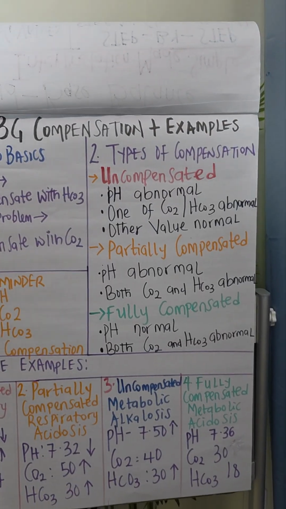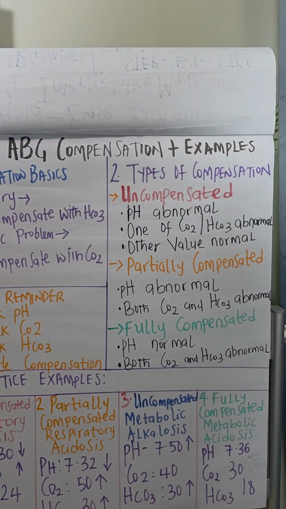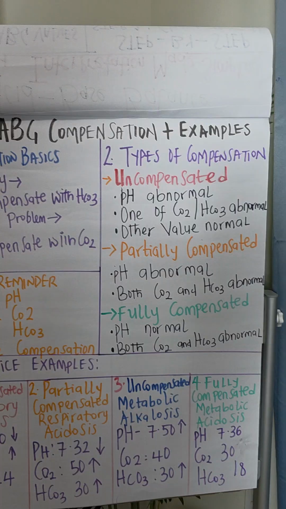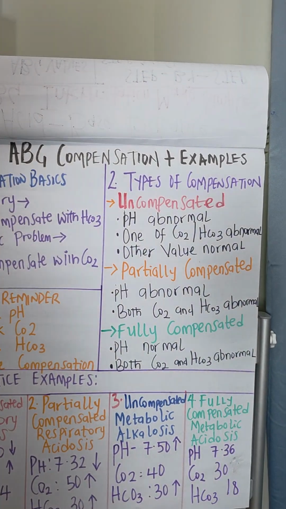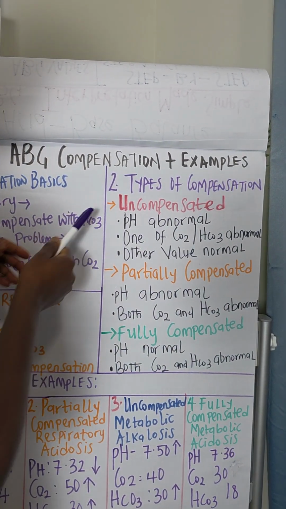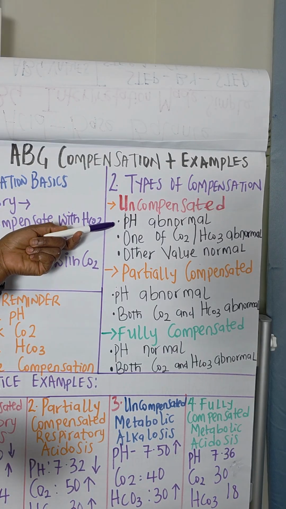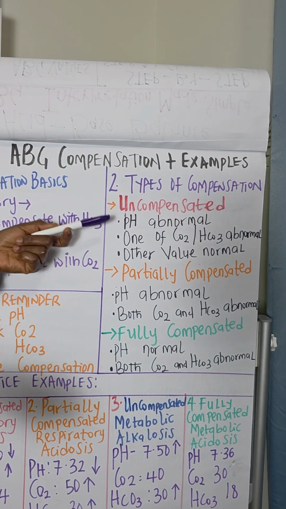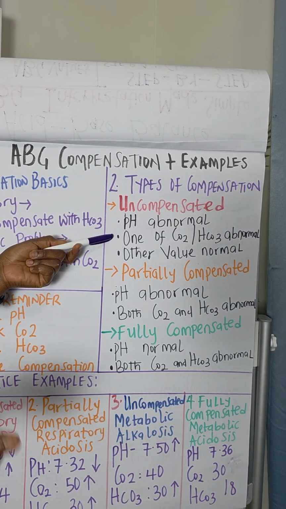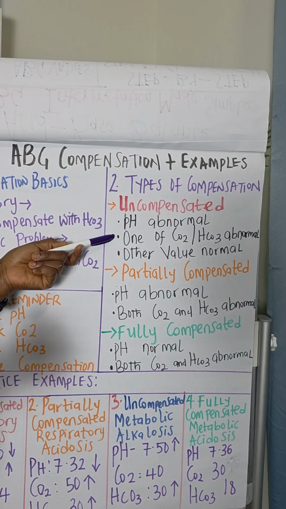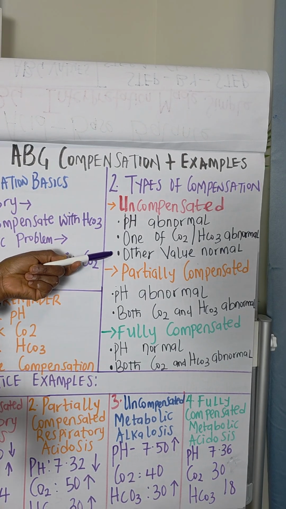Before I take you through the types of compensation, let me explain the expected findings. For uncompensated, the pH is always abnormal. One of the CO2 or the bicarbonate will be abnormal as well. The other value will be normal.